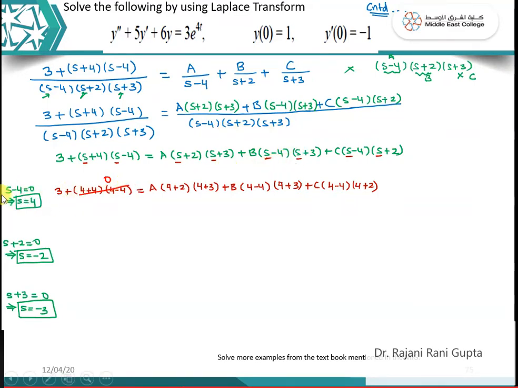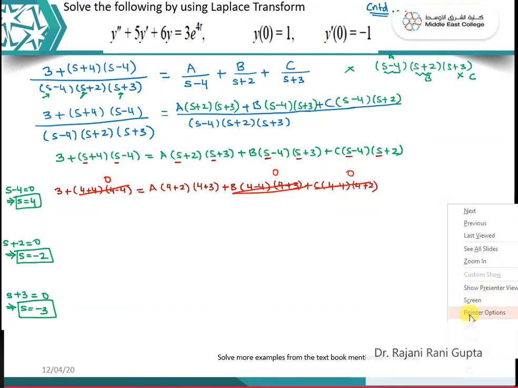Here, as we are substituting s minus 4 as 0, it means this factor cancels out in b. So you can cancel it directly. You can simply write the non-zero term. Both ways are fine. Even if you write completely, it's fine.